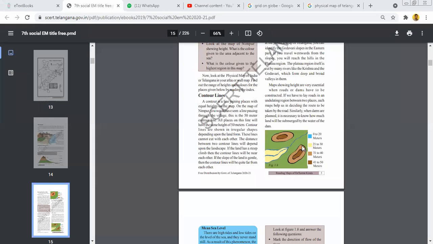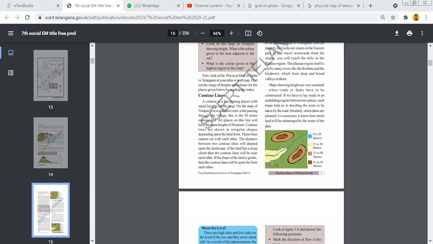Previously, the Nimpur village picture was given with fields, hills, river, everything. But here only lines and shades are there. There is no physical feature of the place, only symbols. A line means river.